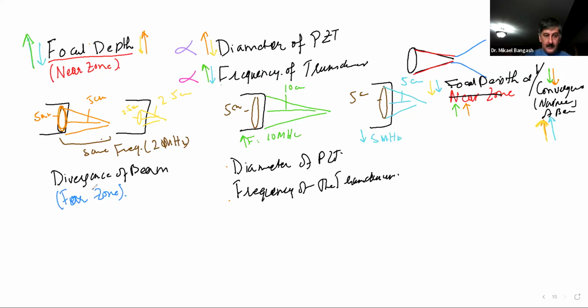And if you look at where the beam diverges, that is mainly something that happens in the far zone. What do we mean to diverge? Mainly that the beam spreads out. The divergence of the beam is related to the diameter of the PCT and the frequency of your transducer.